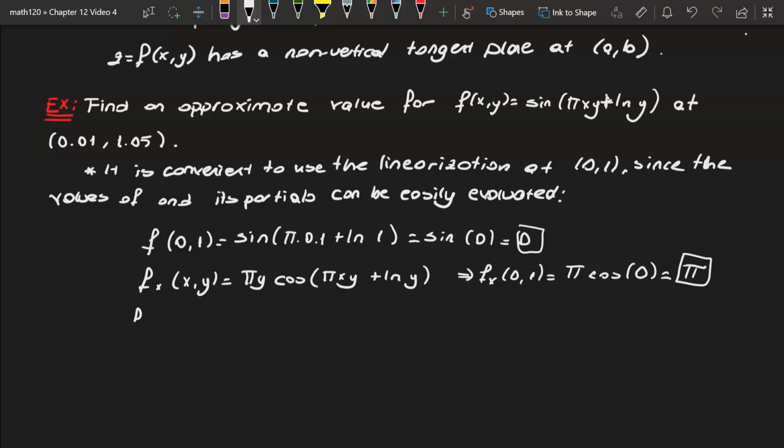Okay, what about the partial derivative with respect to y? Here we have pi x plus 1 over y, since the derivative of ln y with respect to y is 1 over y, times cosine of pi x y plus ln y.